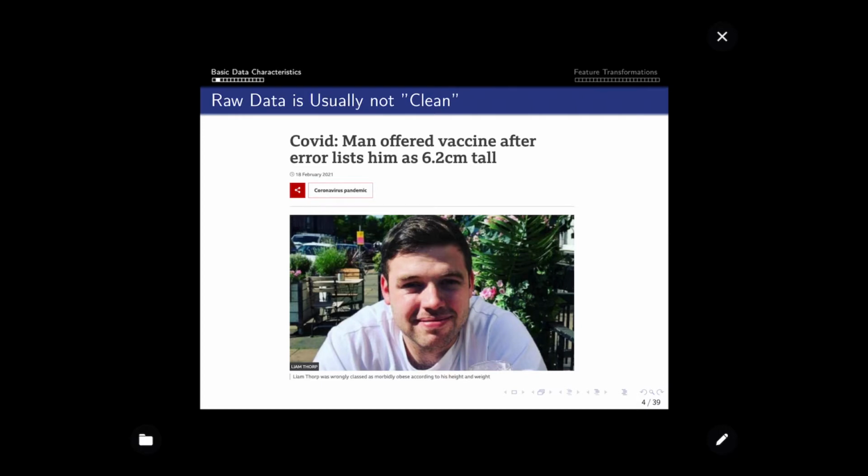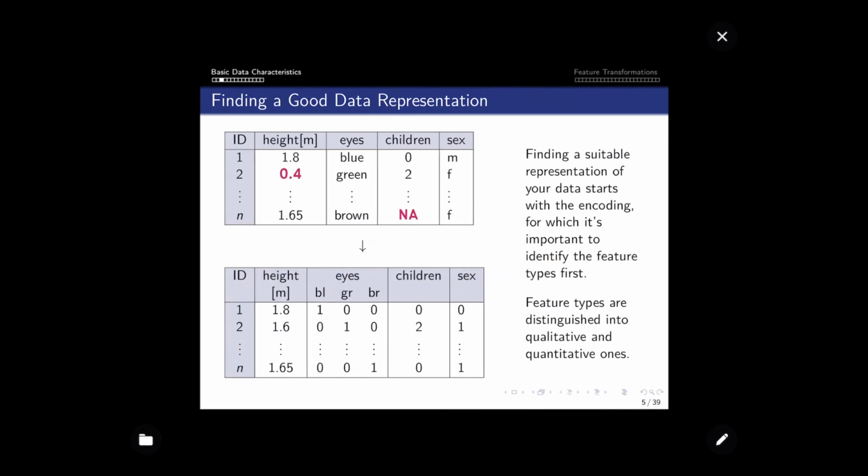He became listed as obese because he was registered in the database as being 6.2 centimeters tall. This is just one of those things which you better read out in your data before you actually do something with it. So data is just full of errors.